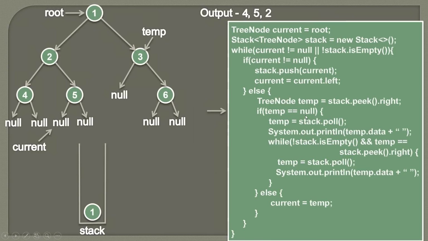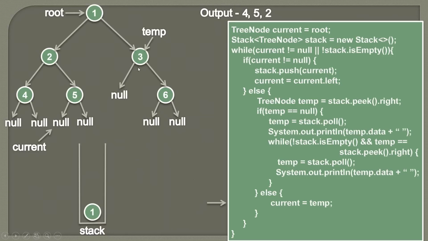So if this condition would have come out to be true and temp would have pointed to null, then we could have visited this node directly. But as temp is not equal to null, there can be a possibility that this node can have left or right children. So we simply go to the else part and we assign the value of temp to current.